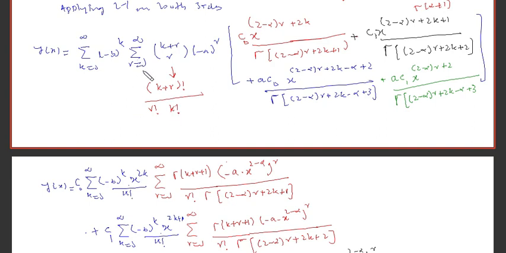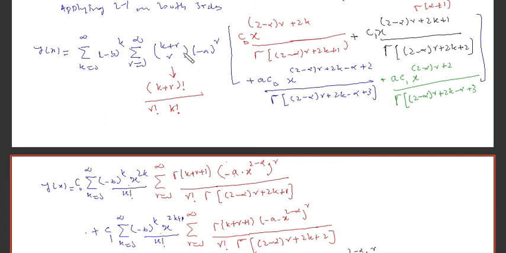For the next series, r from 0 to infinity, instead of writing (k+r+1) factorial, I just put gamma of k+r+1, and then r factorial in the denominator, and then I had this (-a)^r and x to the power (2-alpha)r. So I joined them, (-a x^(2-alpha)) whole power r, and then this denominator is just as it is.